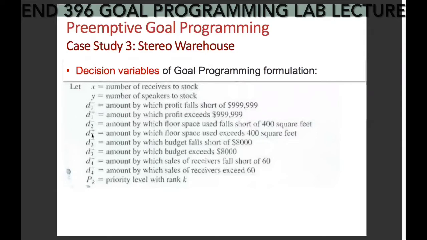D2 minus and D2 plus are defined as deviation variables for the floor space goal. D3 minus and D3 plus are defined for the budget goal. D4 minus and D4 plus are defined for the sales limit of receivers. Pk denotes the priority level with rank k.